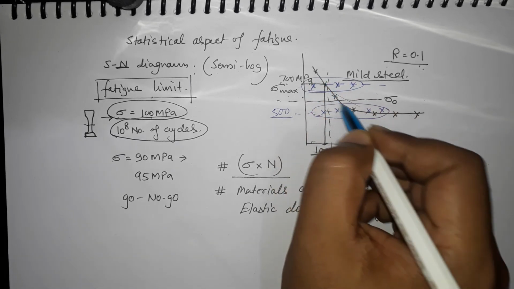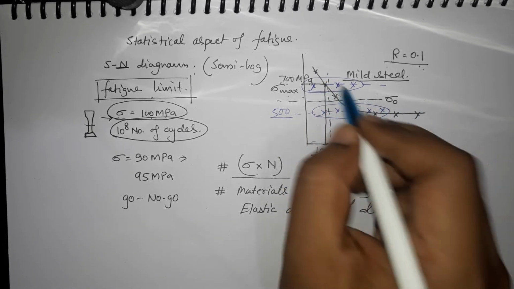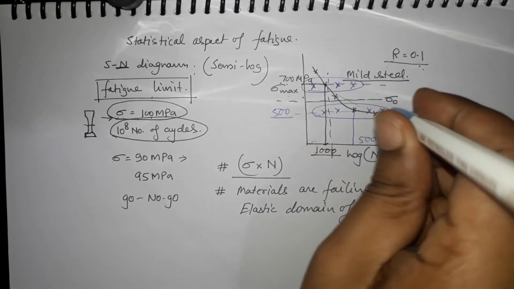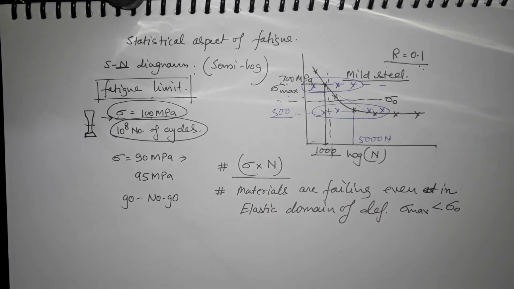Okay, so even if you have this curve, you will not be able to predict that the material will fail at this particular number of cycles. The reason behind this is that fatigue happens due to very localized deformation, and the mechanism of fatigue we will learn in the next lecture.